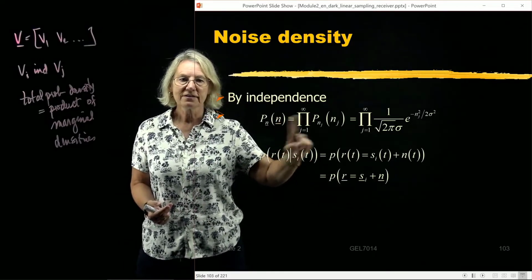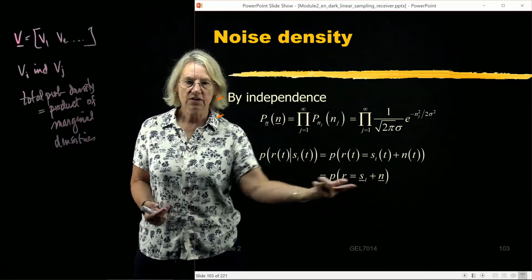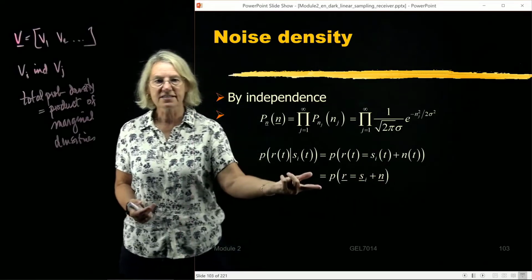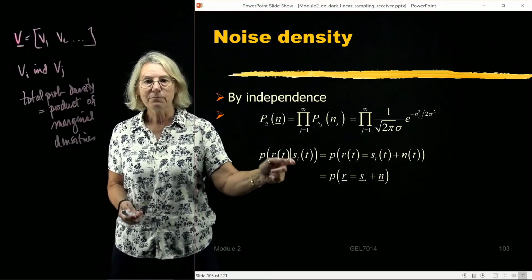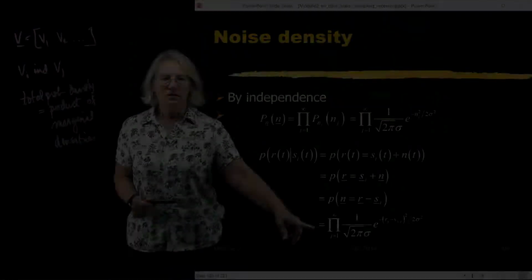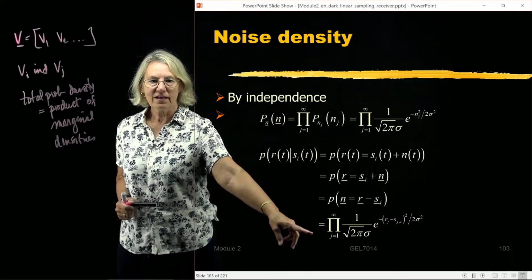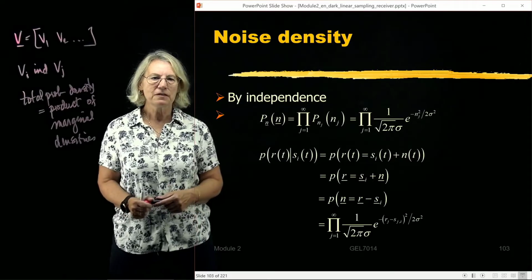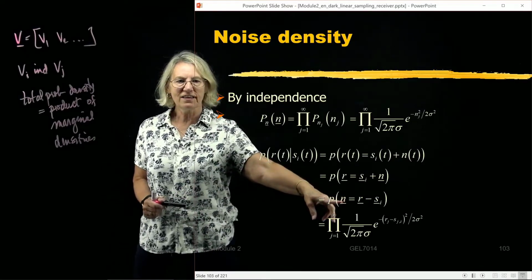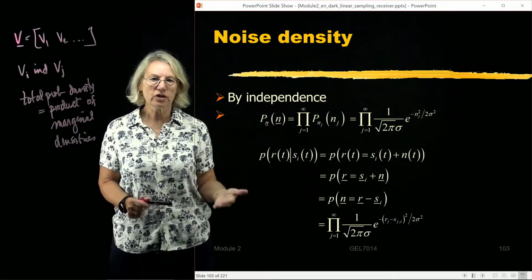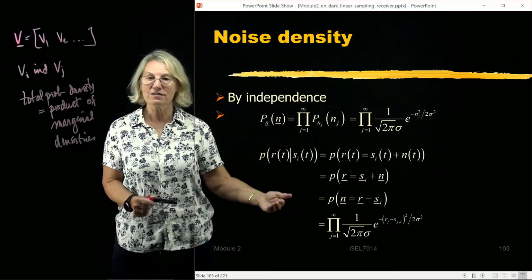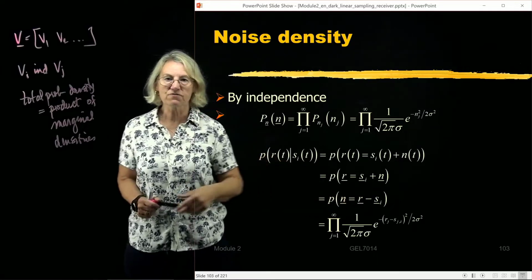Now that I have the density of the noise, I can write this probability density function for the received vector conditioned on a particular symbol being sent. So now let's look at this product that we have. We have taken the representation in the vector, and now I'm going to look at the element-wise product involving the elements of this vector.